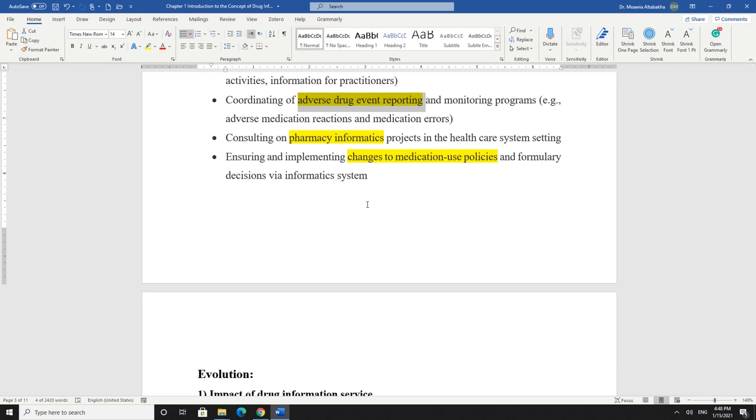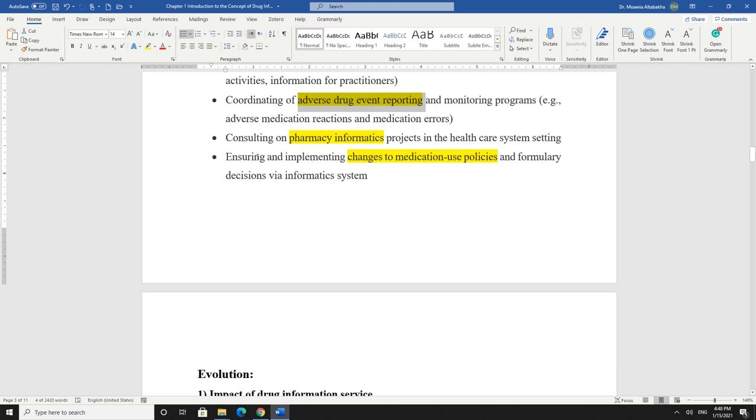Maybe you are working in a hospital and they ask you, okay, we need a pharmacy informatics system. So what should this system be, which system do we use, what are the problems, will it cost us a lot, do the benefits outweigh the cost, etc. So this will also be one of your responsibilities.